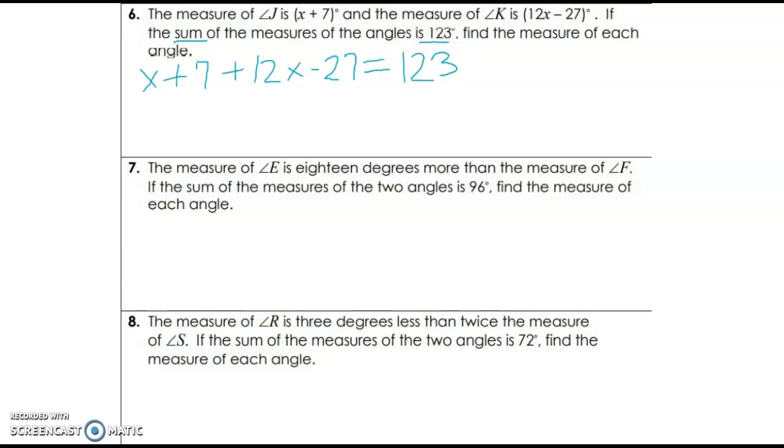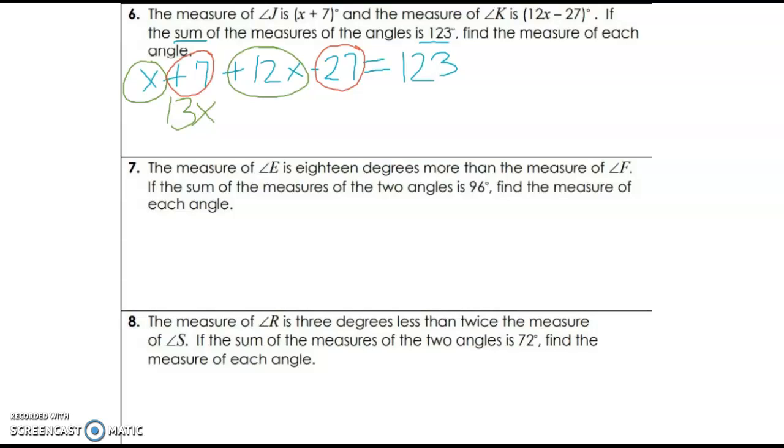Now we're going to combine our like terms. X combines with 12x. So when we add 1x plus 12x, that gives us 13x. Then we have a positive 7 and a negative 27.